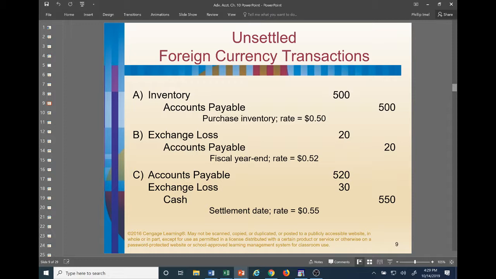Then we also incur the additional exchange loss of $30 from where the spot rate changed from 0.52 to 0.55, from the fiscal year end up until the settlement date. So we incur that additional exchange loss of $30, and then we pay the cash of $550 to settle the accounts payable.